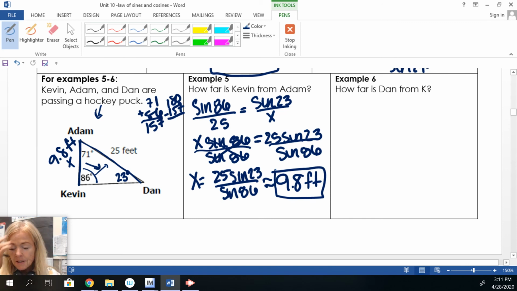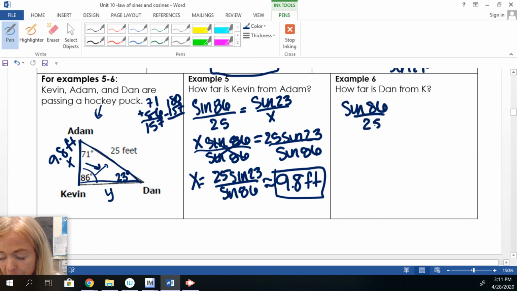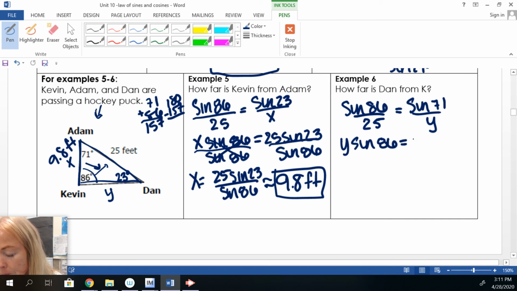Then how far is Dan from Kevin? So now we're going to look for this distance here. That's across from the 71. So sine 86 over 25, which is our normal one, the one that we have all the measures for, is equal to the sine of 71 over y. I think I can get this all done and not have to do a secondary video. Y sine 86 is equal to 25 sine 71.